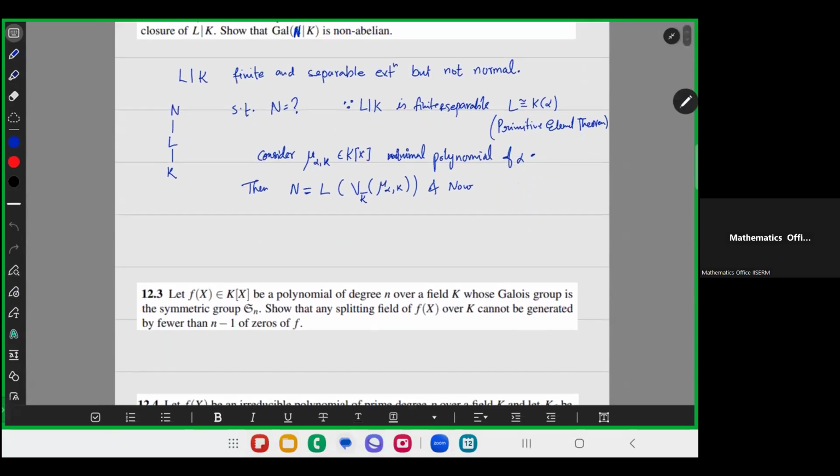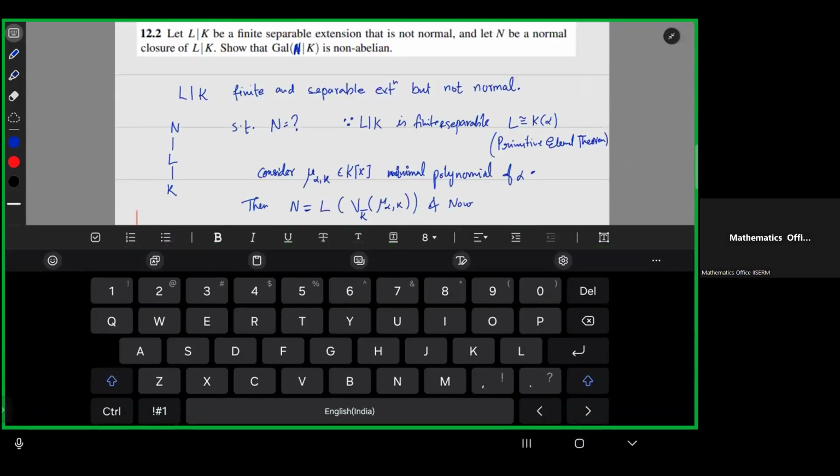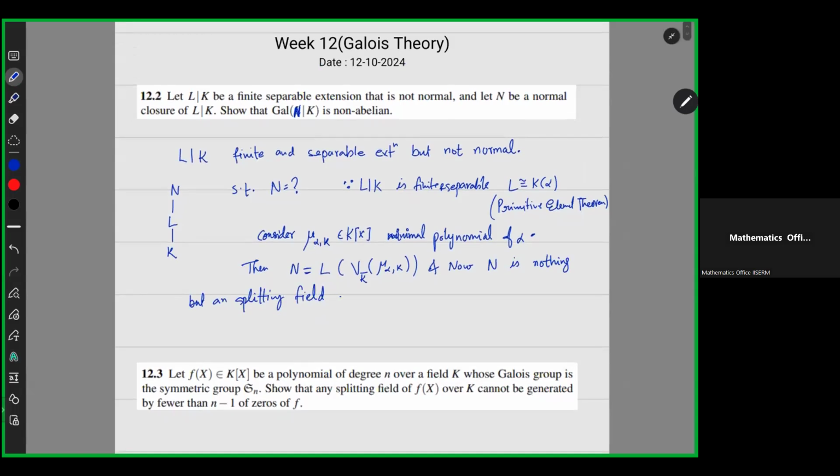Now what is happening? N is nothing but a splitting field of mu_alpha, so this is a Galois extension.